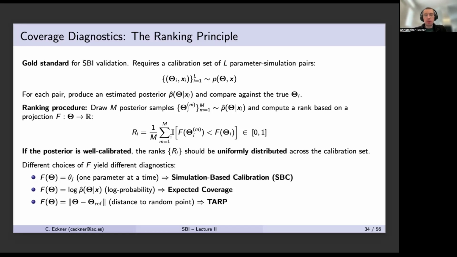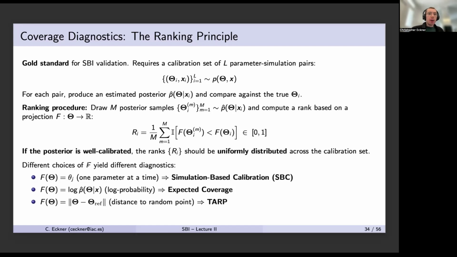Then you take the average, in this case, over the samples that you've drawn from your posterior. And you, in the end, get these ranking metrics R that should be distributed in a certain way if they pass the coverage tests. What type of coverage test they should pass depends on this function f that you apply to your parameters to transform or project them in a certain way. Depending on this function, you have different checks that are done in the literature.